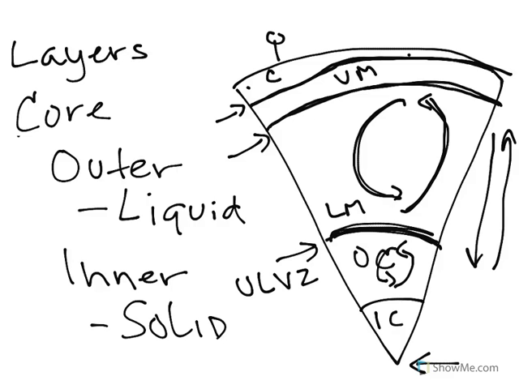Now, our inner layer is solid, and what we think is that it's probably very mafic. Actually, it's probably ultramafic, as we also look at meteorites. Meteorites can give us a really good idea of some of these lower levels of the Earth. Now, we can also look at the velocity change between the outer core and the inner core, and right here at that junction, the velocity speeds way up.